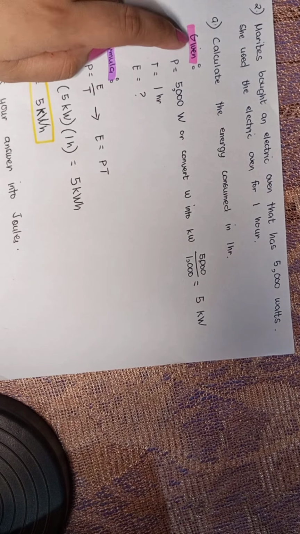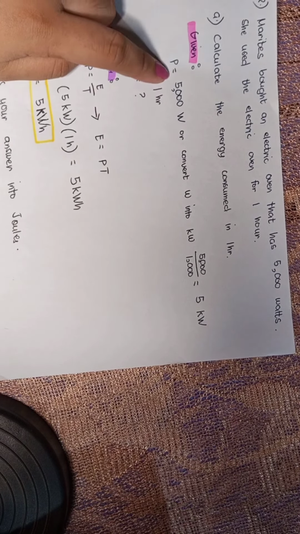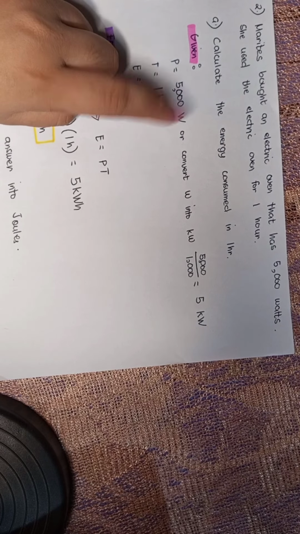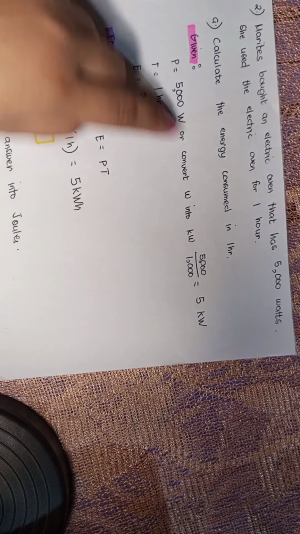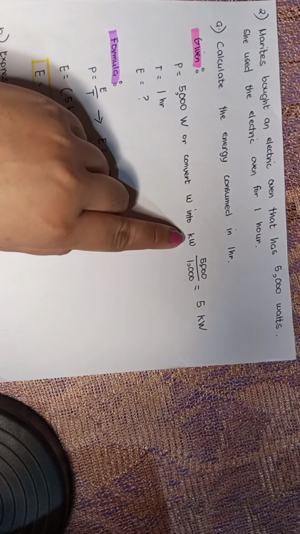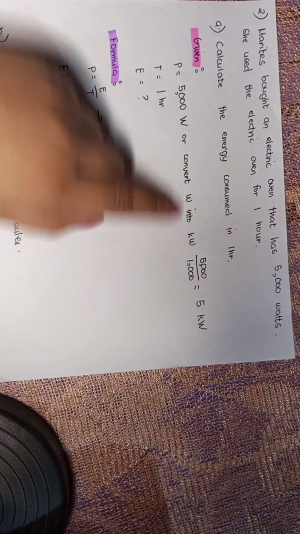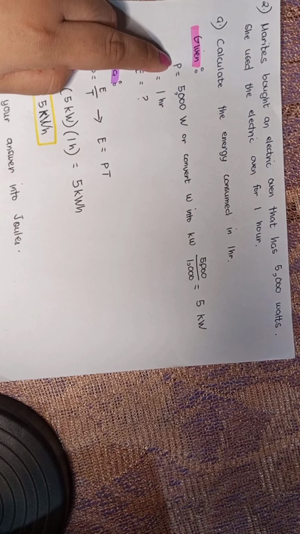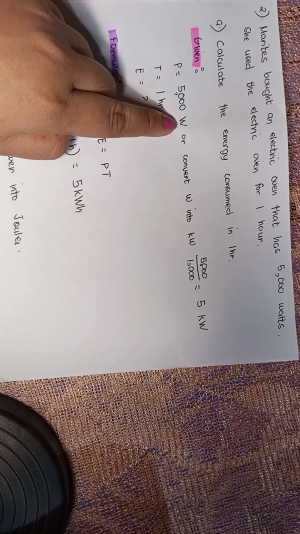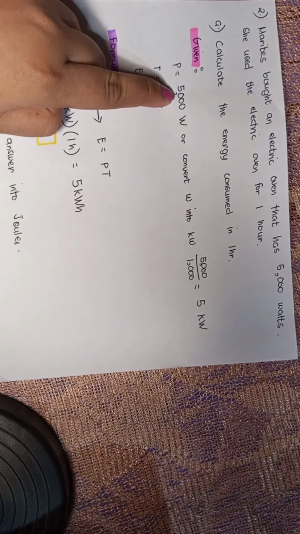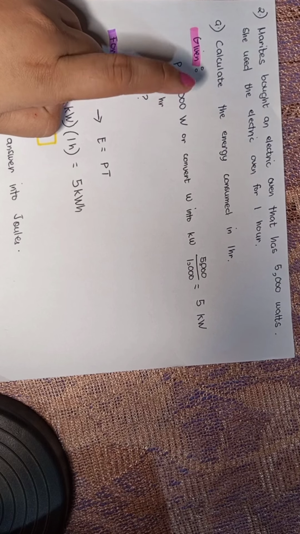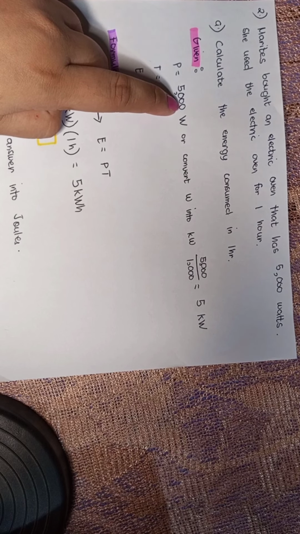The given are P, or power, equal to 5,000 watts. We need to convert watts into kilowatts in order to give the value of the power. Since the value of watts is 5,000, we need to divide it by 1,000 so that it will convert into kilowatt.